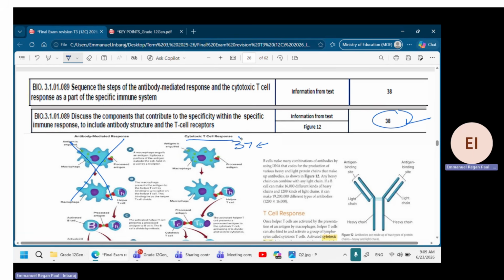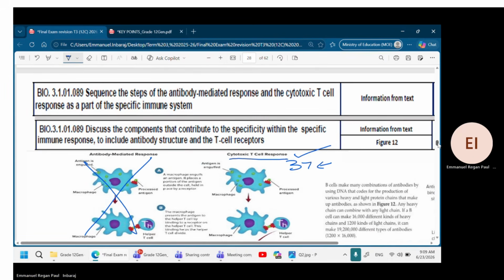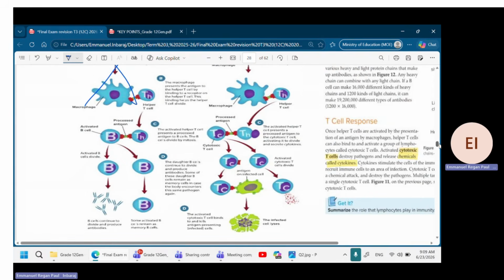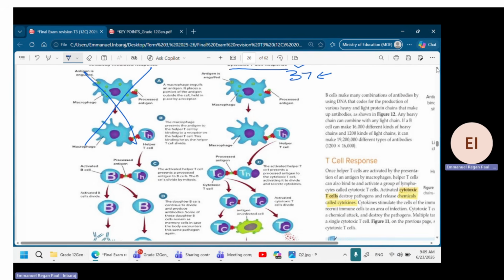Cytotoxic T cell response. You have to study only the cytotoxic T cell response. Okay. So let's say, what is it? Let us see. Now look at the picture. I will explain to you. See, this is the first step.